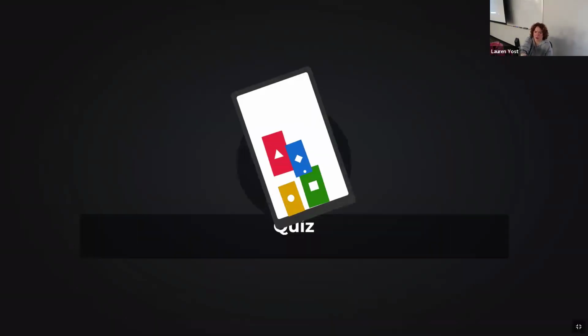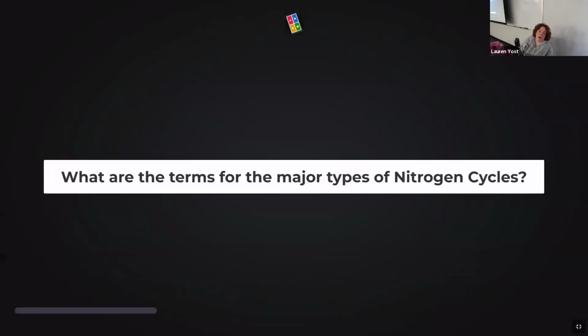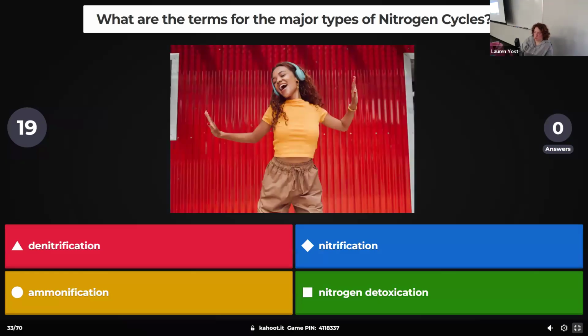Moving on to some chapter 25 questions. Select all that apply. What are the major terms for the major types of nitrogen cycles? We have a general overview of this. We don't need to know this in super specifics, but I just want to reiterate the role of each in the nitrogen cycle.